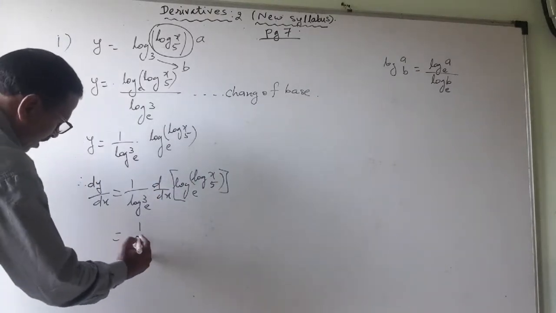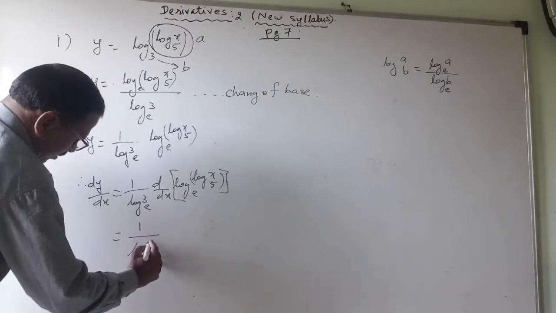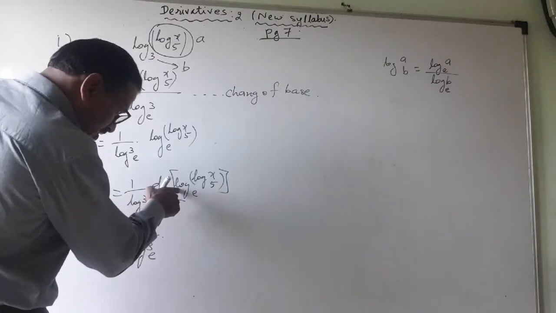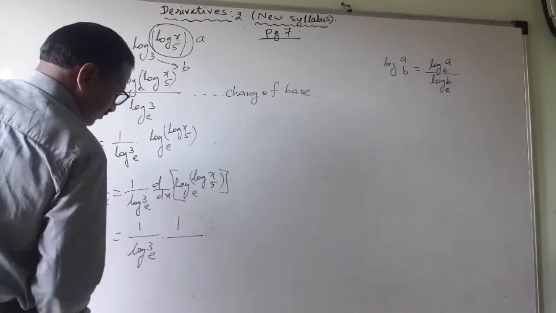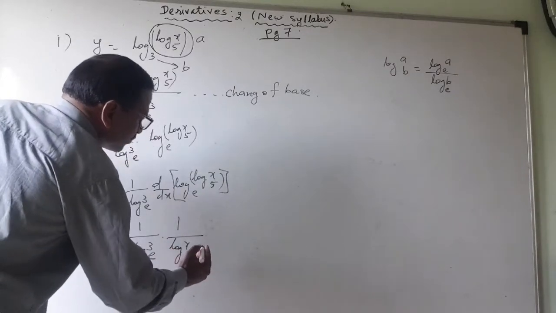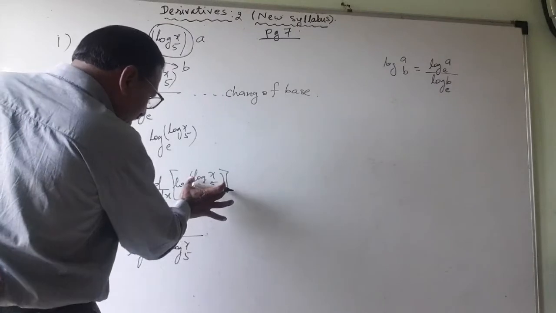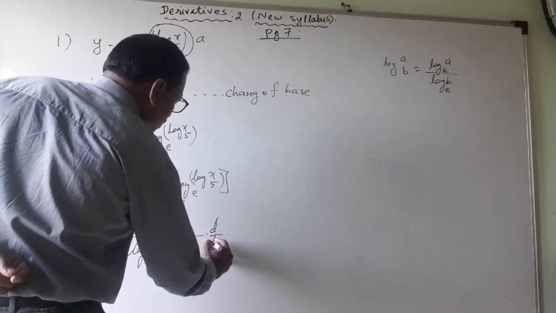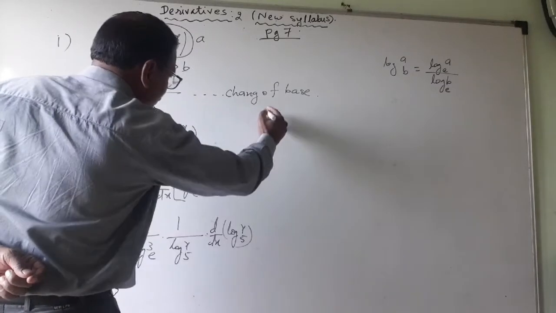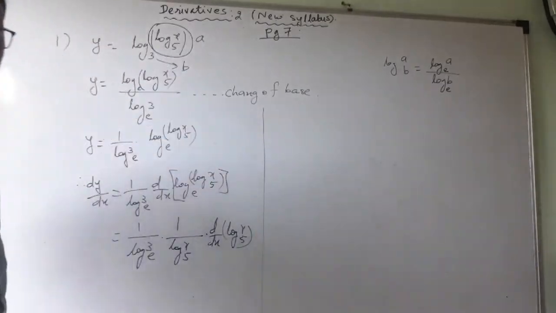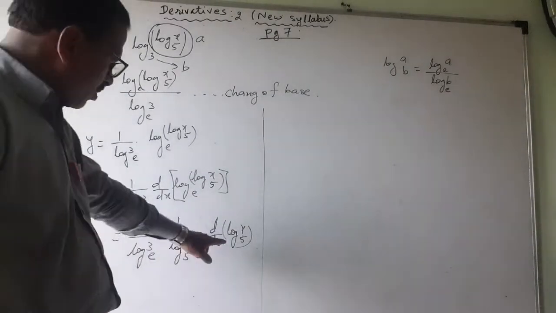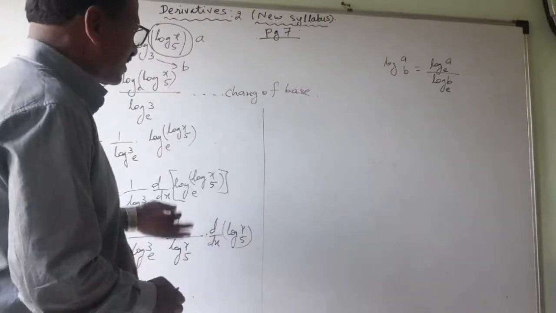That is equal to 1 upon log of 3 to the base E into derivative of this log is 1 upon this part, log of x to the base 5, into, now the derivative of this, d by dx of log of x to the base 5. Now I cannot go with this because the base is 5. So I have to change the base once again.